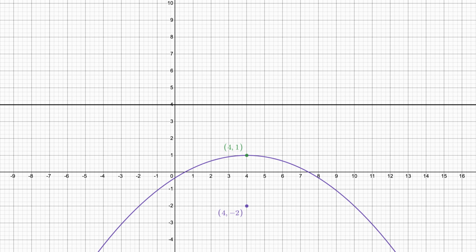Next, this parabola is still vertical, but it opens downward. If we want to find the equation of this parabola in standard form, we still need to know the value of c and the vertex. So for this, the distance from vertex to the focus is 3 units. And since it opens downward, then the parabola's c is negative 3. Our vertex, as seen on the graph, is at (4, 1).